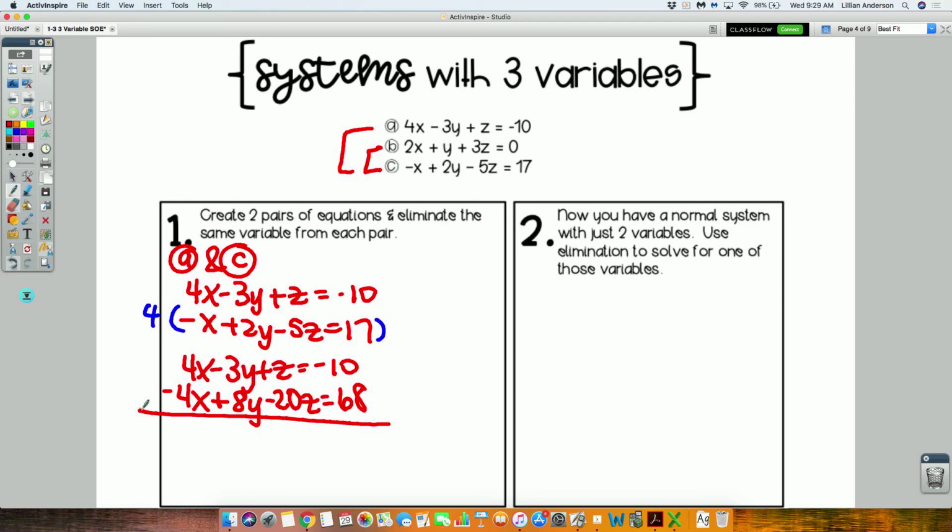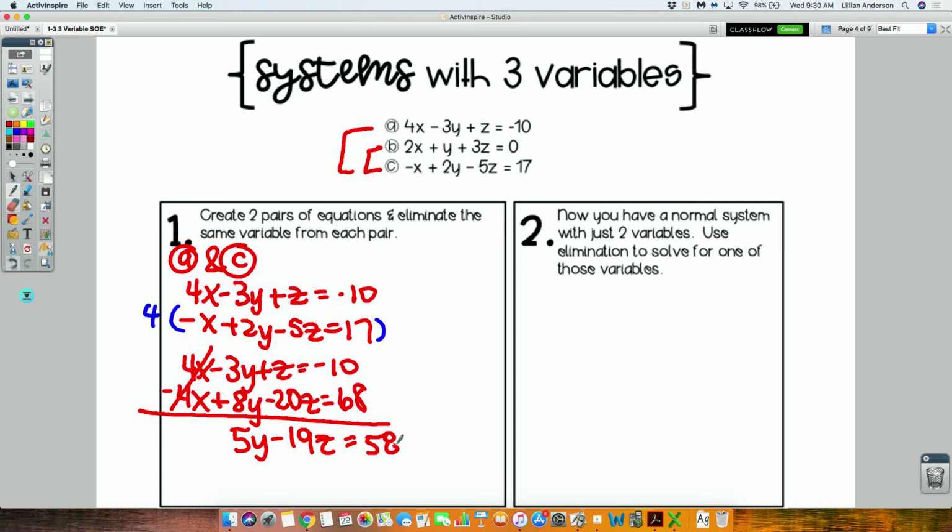All right? So now my x's are going to cancel out. What's negative 3y plus 8y? 5y. And what's z minus 20z? Negative what? 19z equals negative 10 plus 68, which is 58.